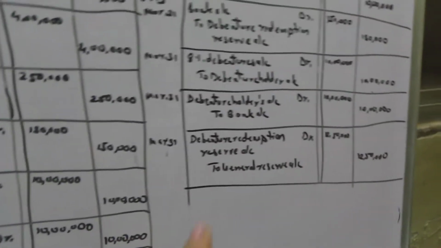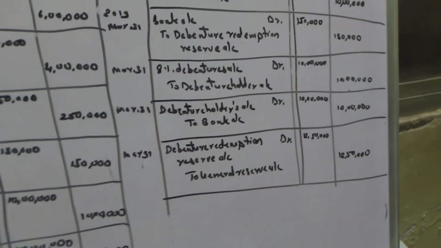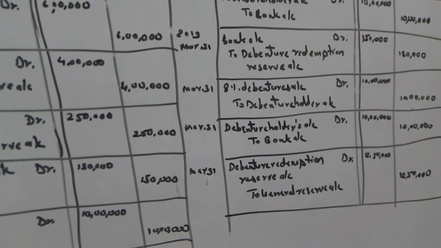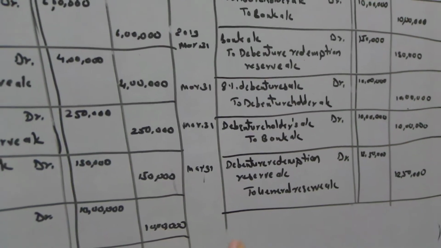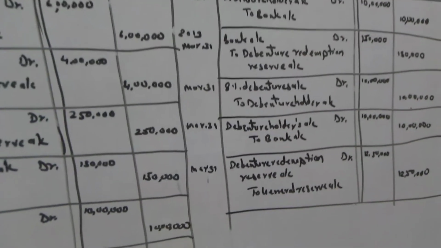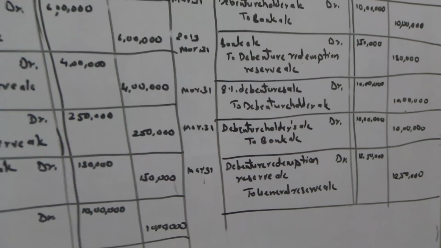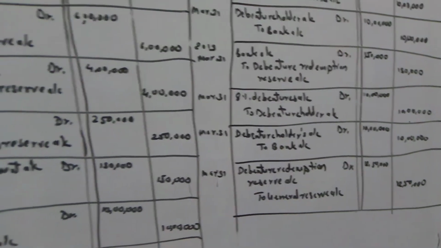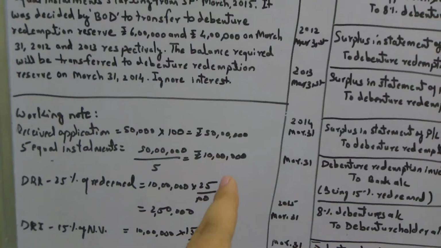So this is the amount we have transferred into the general reserve. It is also part of the rule, whatever balance remains in the debenture redemption reserve, that amount has to be transferred to the general reserve in order to close the DRR account, because this is the 5th year and all the debentures are paid off. 10 lakh is the amount which we have paid equally in installments.